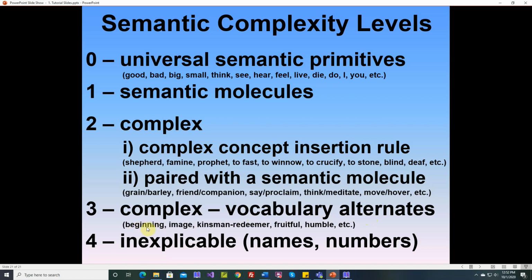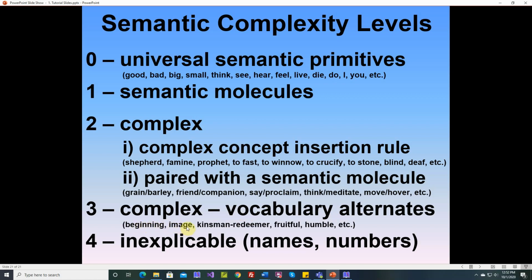And if you've activated this complex concept, then the software will use that vocabulary alternate and discard this simple vocabulary alternate. If you haven't activated this complex concept, then the software will discard the complex vocabulary alternate and instead use the simple sentence that tries to capture this idea.